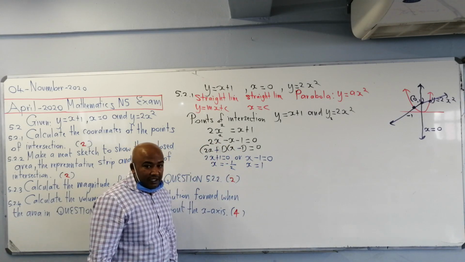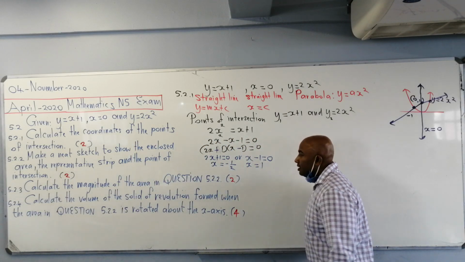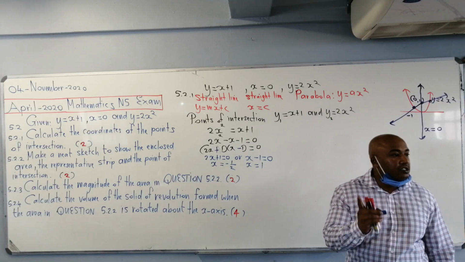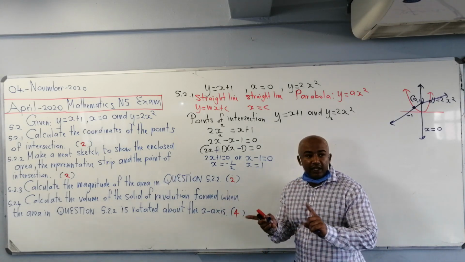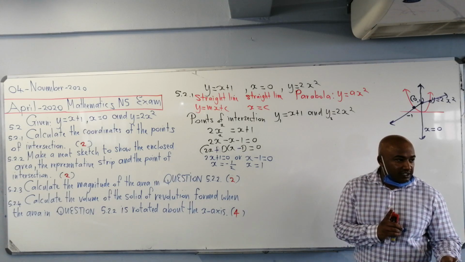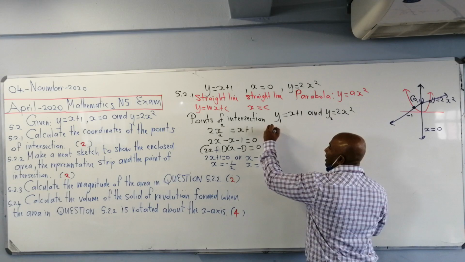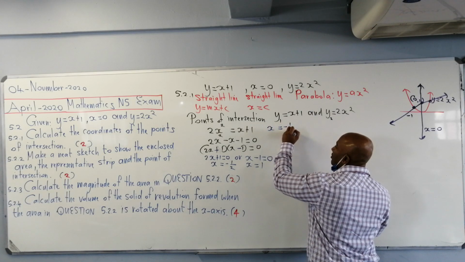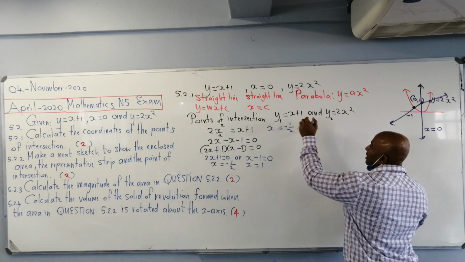Okay, so these are the x coordinates at the point of intersection. Now we need the corresponding y values here. So we will substitute into any one of the original equations to get our corresponding y values. So when x is equal to minus 1 over 2, let's use this one here.